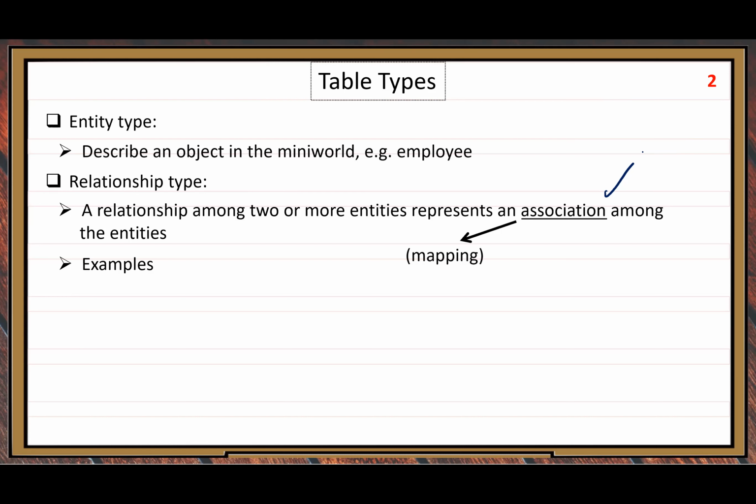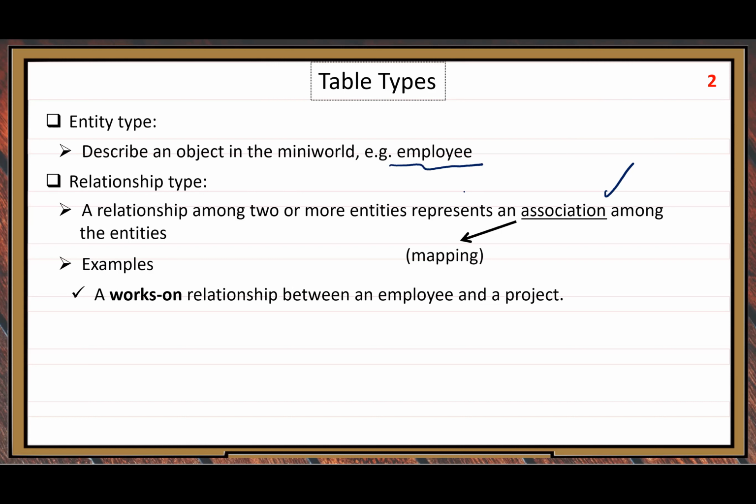The first example works on the relationship between an employee and a project. Here we mentioned the employee table many times. Why is that? Because later, remember our first database in this textbook is the university database.